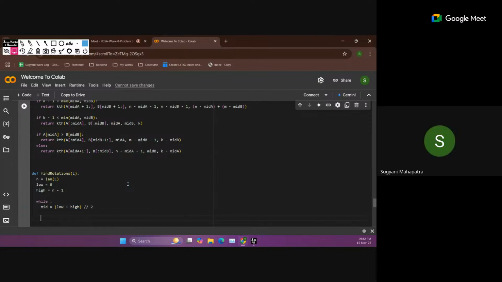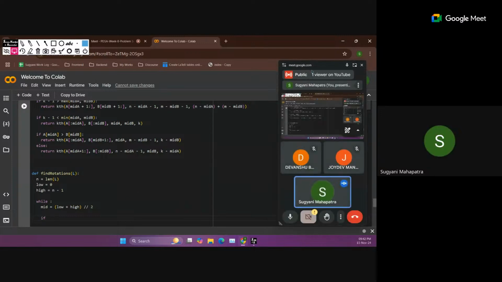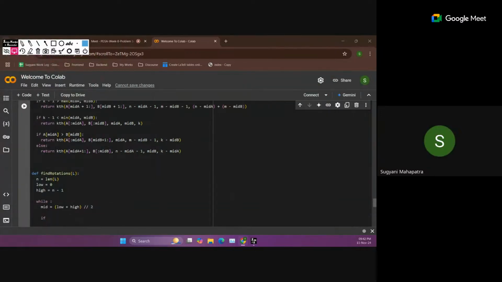And then what will we do? We'll check if L of mid is less than L of mid minus 1.